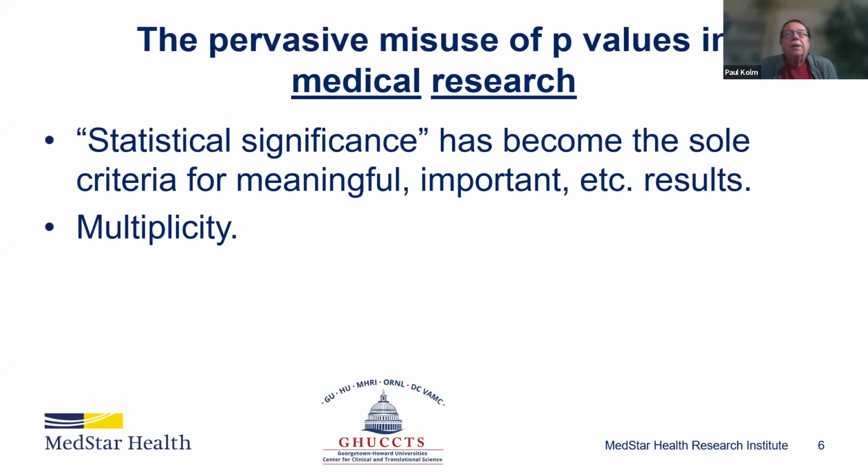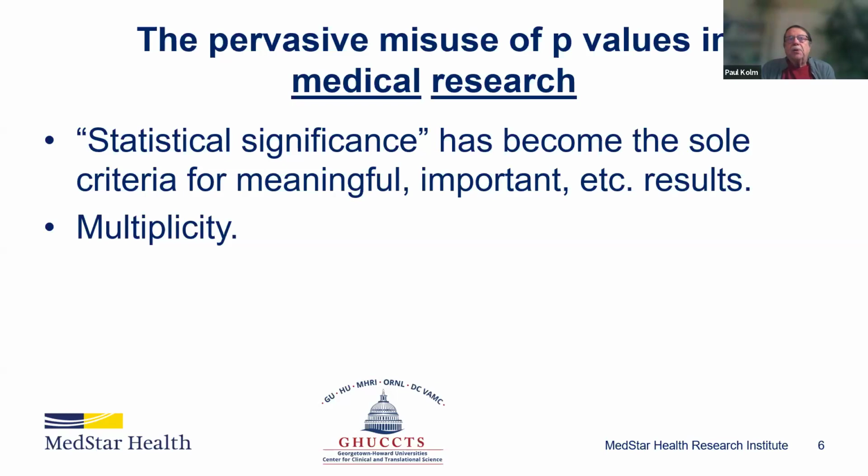So what I take away from this is the concept of how p-values are misused in the medical research literature. And there's two issues here. One is that the idea of statistical significance has become almost the sole criteria for concluding that you have meaningful or important results.